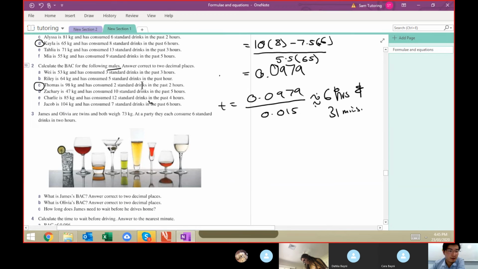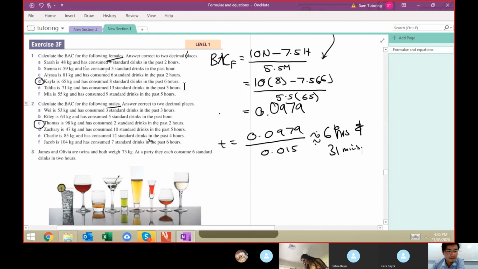male version. Thomas is 98 kilograms, has consumed 2 standard drinks in the past 2 hours. Can you guys do that?